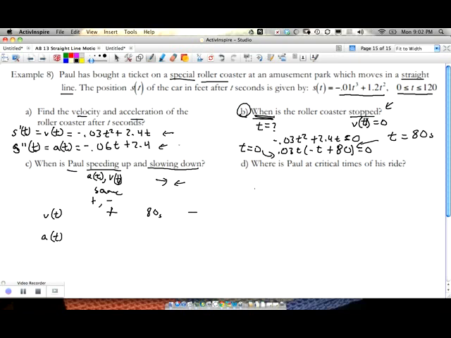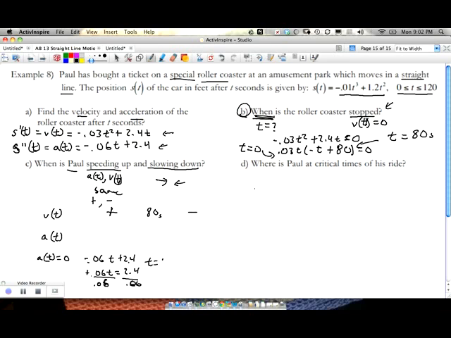Well, if I were to solve this, a of t equals 0, we're looking at negative 0.06 t plus 2.4 equals 0. So 0.06 t equals 2.4. We divide both sides by 0.06. 6 goes into 24 four times, but in reality we're looking at 40 because of the difference in the decimals.